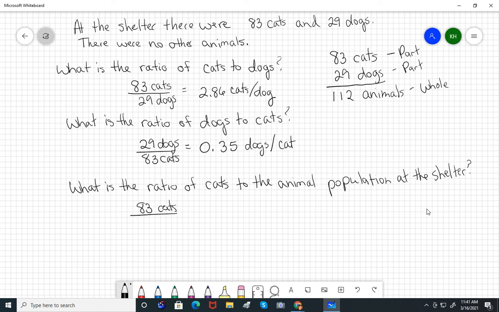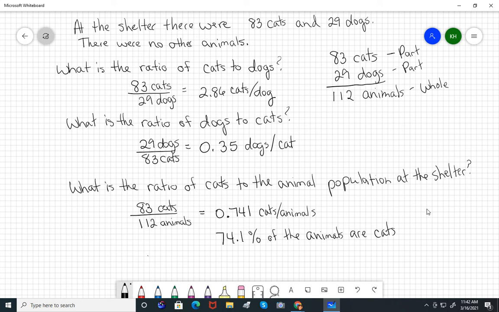The animal population is 112 animals. That's 0.741 cats out of the animals. But in this case, we would be more inclined to make it a percent and say that is 74.1% of the animals are cats.